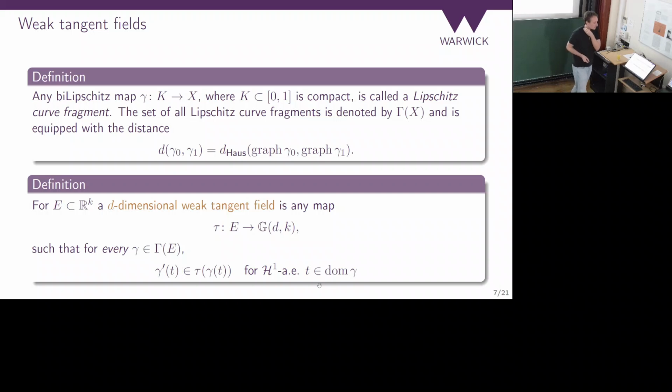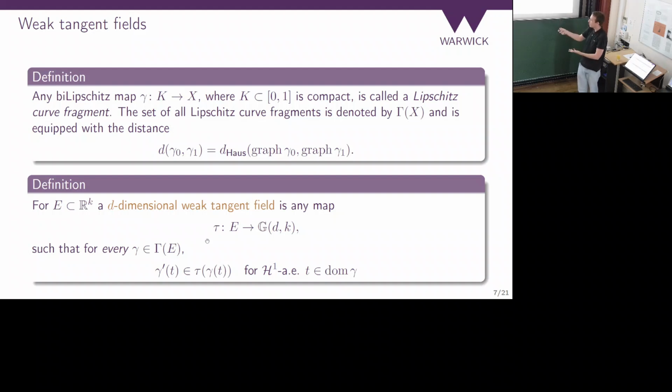A few things. You really require this for every gamma. So there is no notion of null families of curves in this case. And secondly, if you have a tau which is a weak tangent field, and then you define a tau tilde which is strictly larger, for example, at every point you choose a direction that's not in there, you include it, you create a d+1 dimensional tangent field.